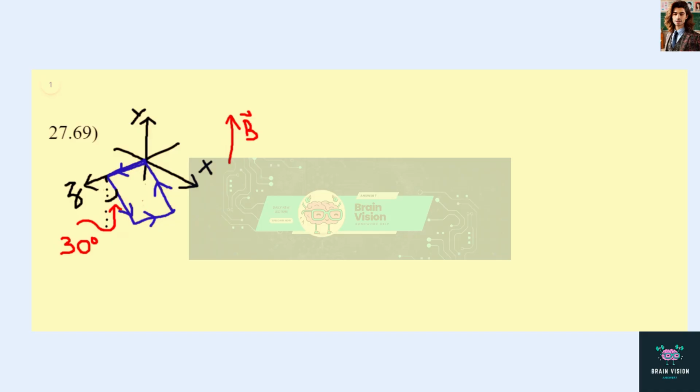Our strategy is to first find the torque, which I'll denote with tau, the torque due to gravity, tau sub g, acting on this rectangular loop of wire, and equate it to the torque due to the magnetic field on the wire.